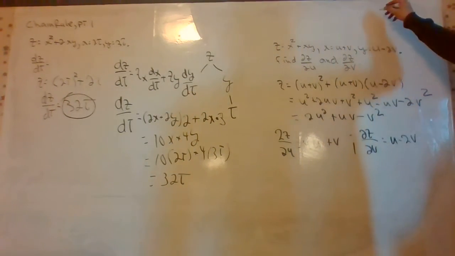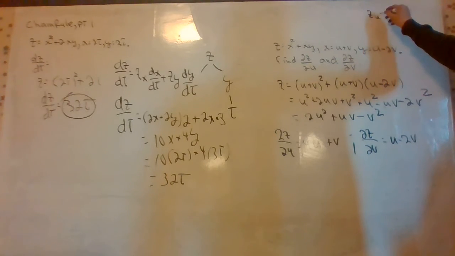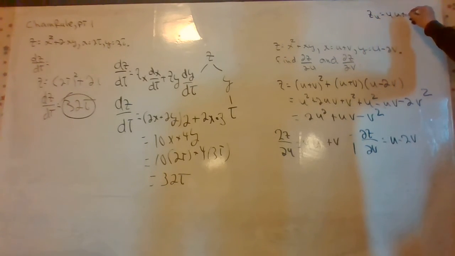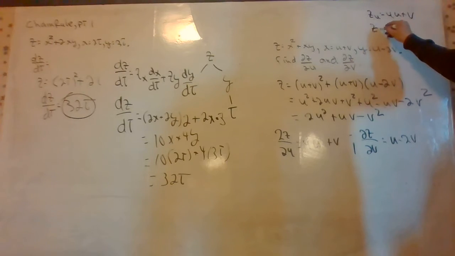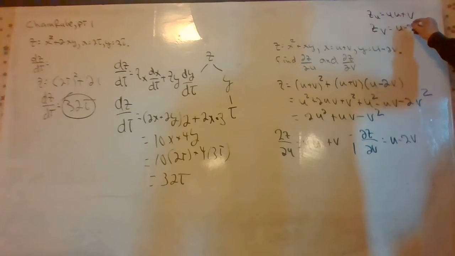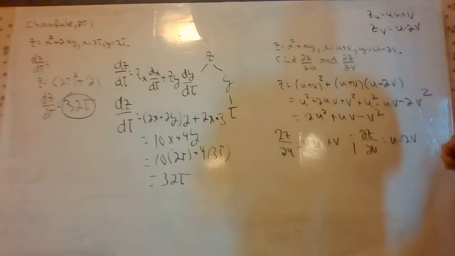Okay, let's make a note of that. z sub u is equal to 4u plus v, z sub v is equal to u minus 2v.